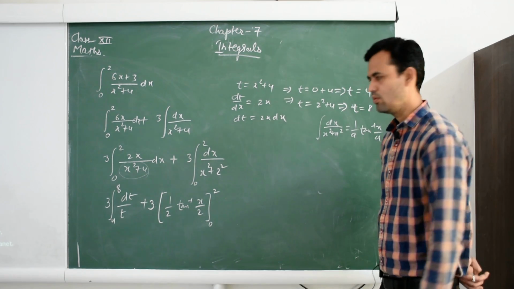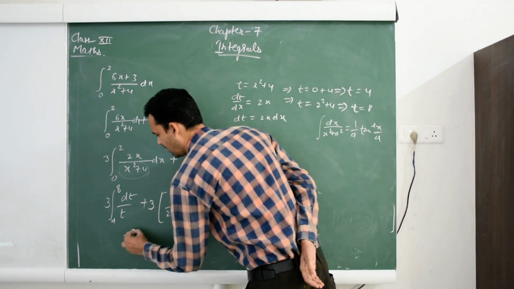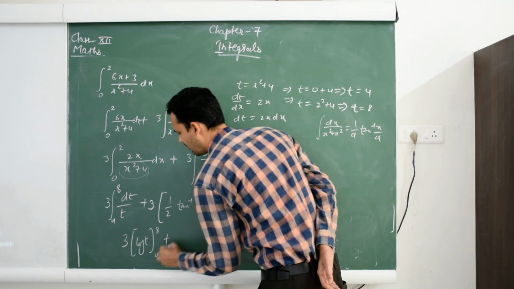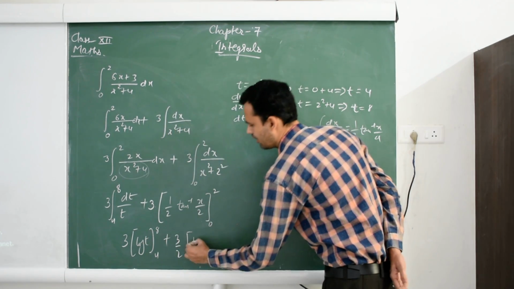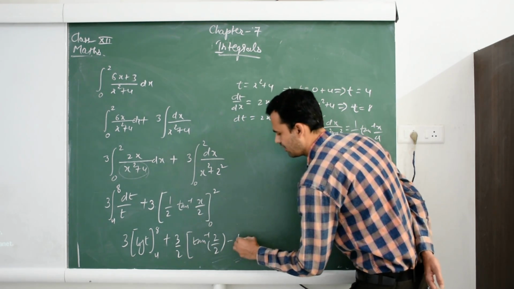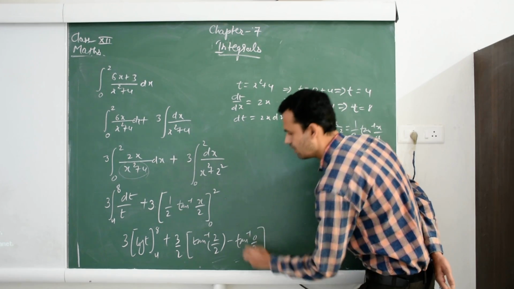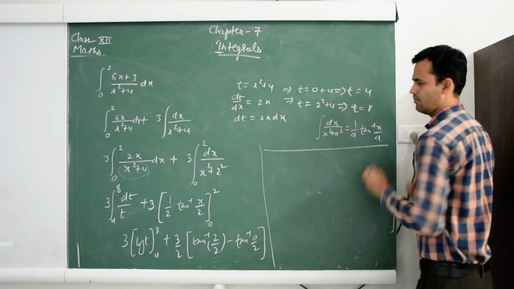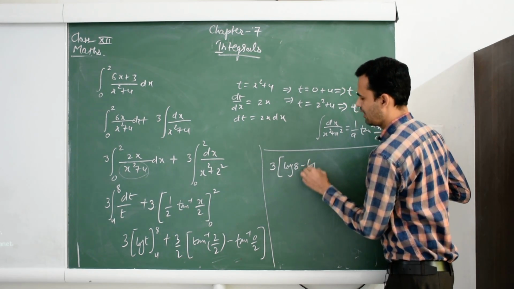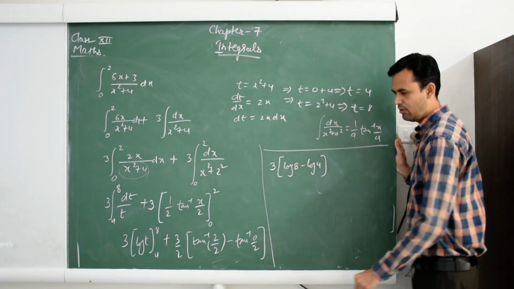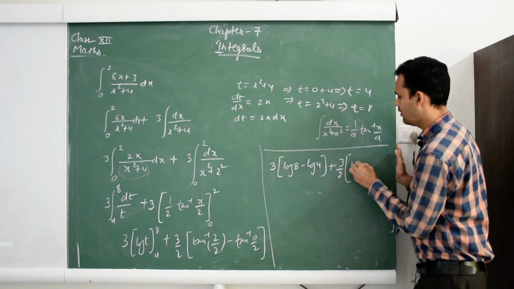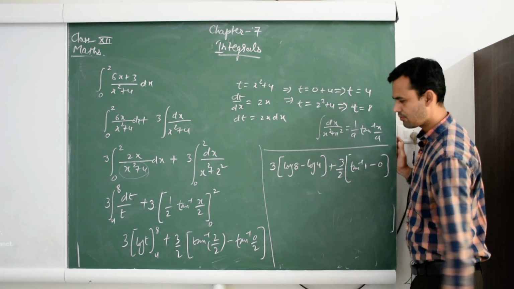Now, dt by t means log t and the limits are 4 to 8, plus 3 by 2 tan inverse, upper limit 2 by 2 minus tan inverse 0 by 2. So, 3 log 8 upper limit minus lower limit log 8 minus log 4, plus 3 by 2, this is tan inverse 1 minus 0.